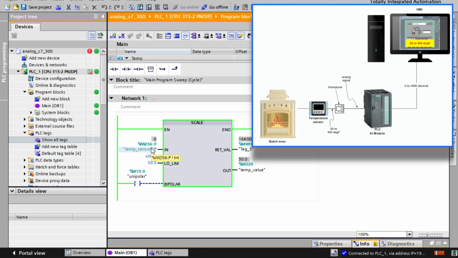Using the FC105 scaling function, the value 4095 is scaled to 27,648, meaning that if the temperature sensor reads 27,648, this value will go to the maximum temperature.